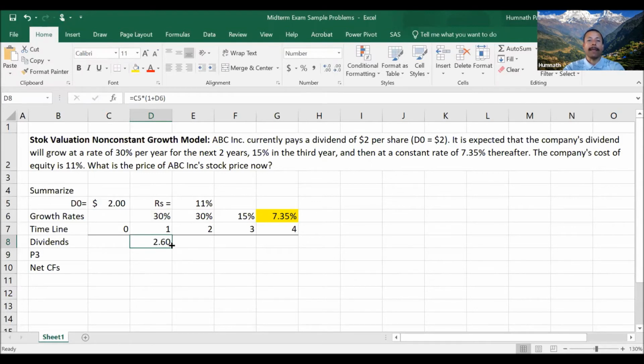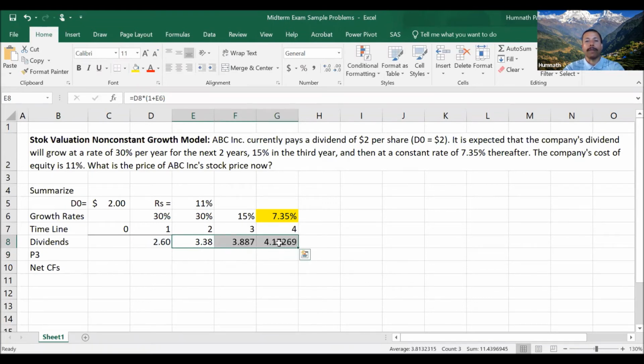Now we want to calculate the dividend for year 2. I take the first dividend multiplied by 1 plus the dividend growth rate in year 2. Now I can just drag this formula until year 4.